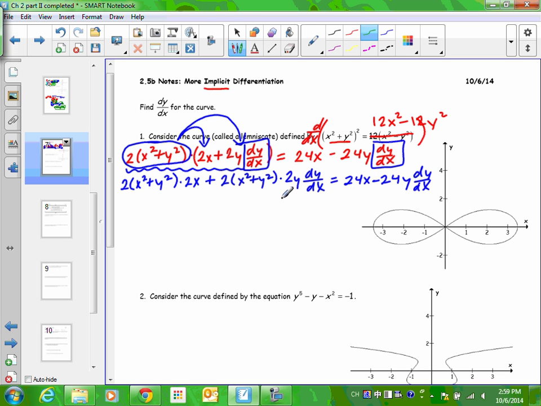Well, look what happened now. Now I have this whole big term here in front of dy over dx, and I have it here. Before, it was like locked inside of a set of parentheses. You see that? It's kind of like if you had a 2 times x plus 3 and you were trying to solve for x, you would have to distribute through that too, right?